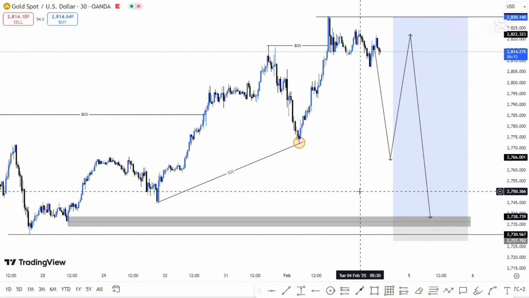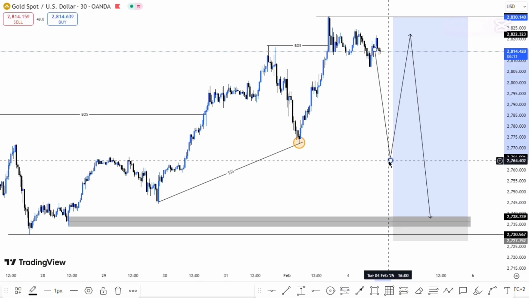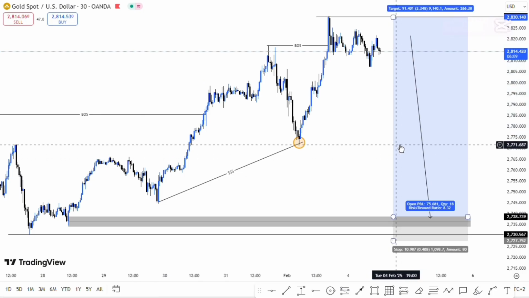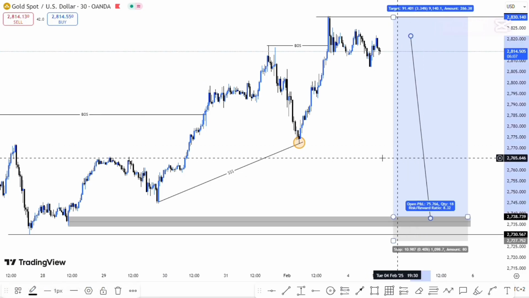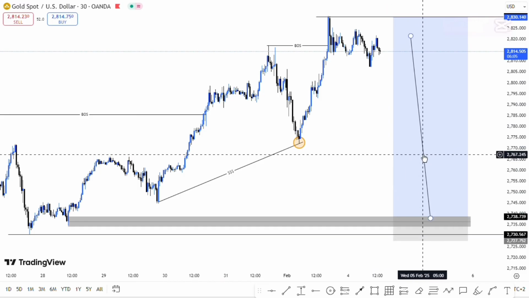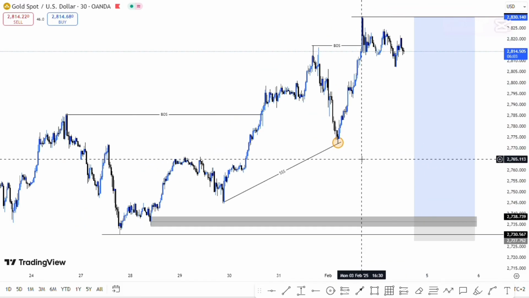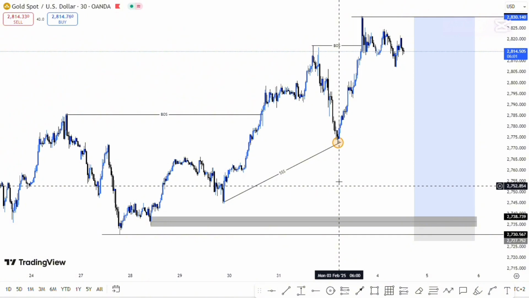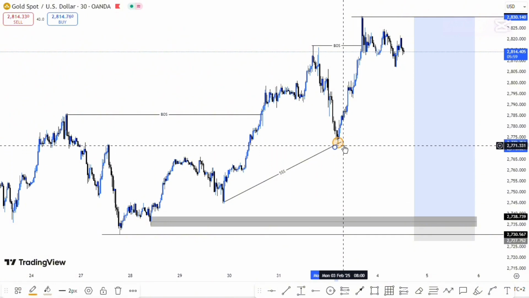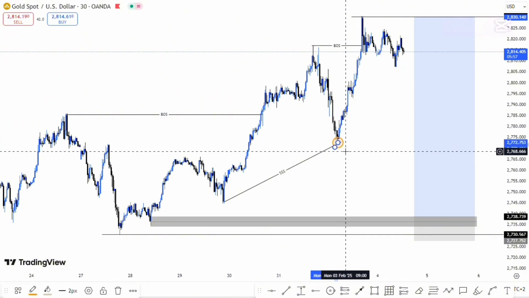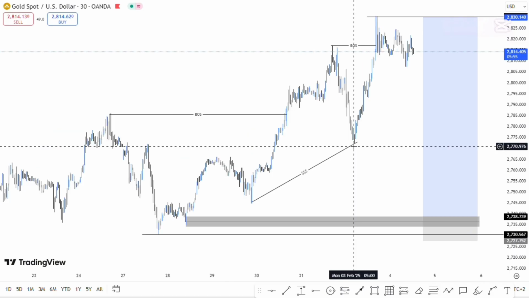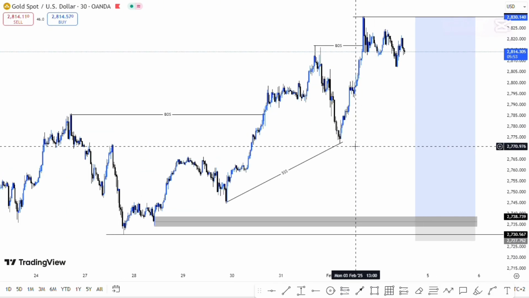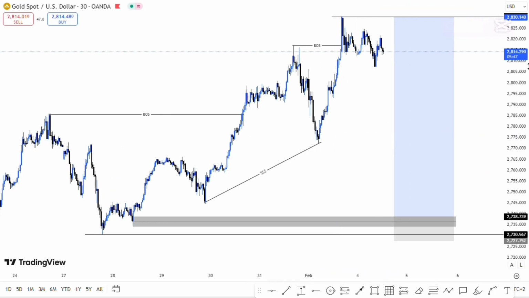We will buy from there, but this sell will be more like a 50-50 for me, so that's why I usually risk 50% of what I usually risk on my trades, because that trade is already against the trend, so price is likely to continue to the upside.